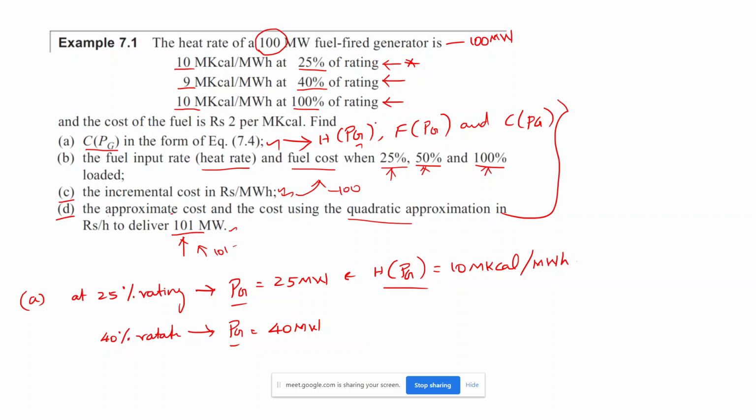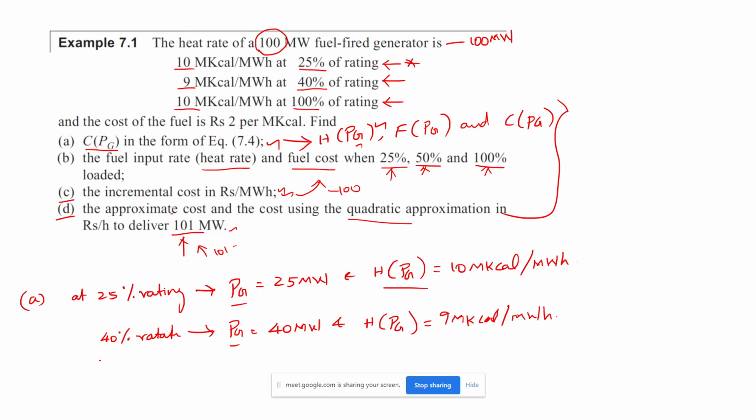So the first one we have solved, the H(PG) value we are solving from this, and H(PG) during this time will be 9 kilocalories per megawatt hour.